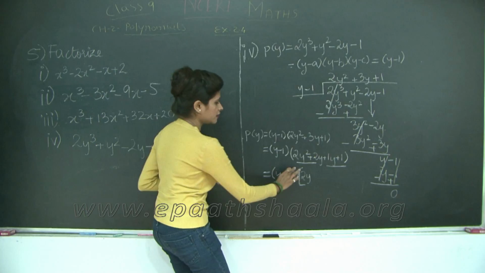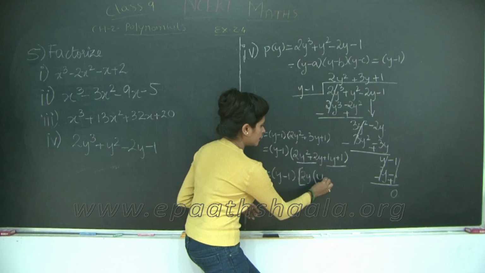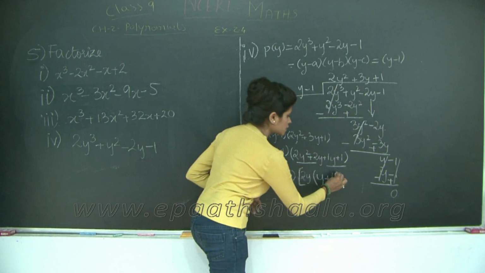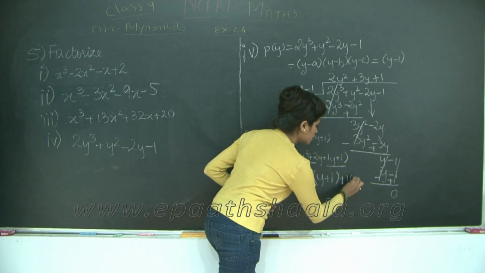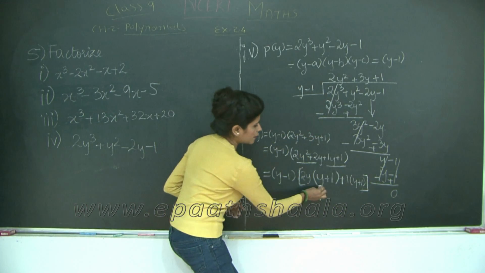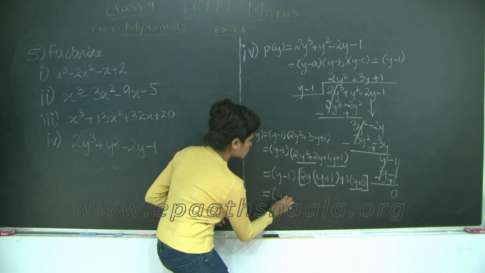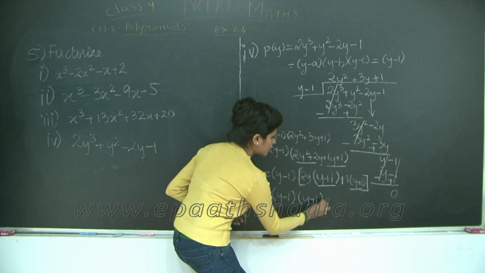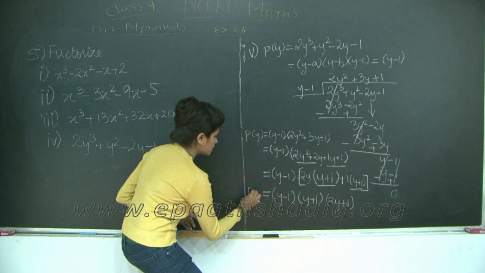Let's make this a box bracket. So what am I left with here? y plus 1. Since 2y is already out, I am left with 1 for the second term. There is nothing common except 1 in the second term, so I get 1 into y plus 1, close my box bracket. Now again y plus 1 is common in both these terms, therefore I have y minus 1, y plus 1 into 2y plus 1. This is p of y.